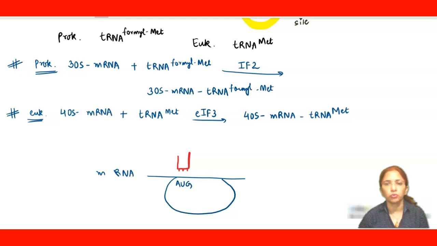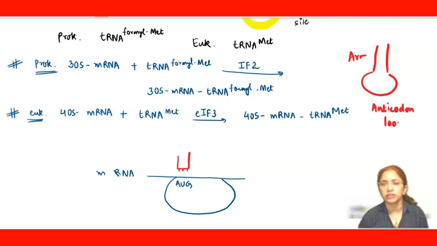Now the loop is the circular structure of the transfer RNA, and the back portion is known as the arm. So the anticodon loop is the one which has the anticodon, and this gets attached to the messenger RNA, right? So as per the base pairing rule, it will be U here, A here and C here. So this is what has already happened, and this component AUG, the initiator codon, is there at the P site of the ribosome.